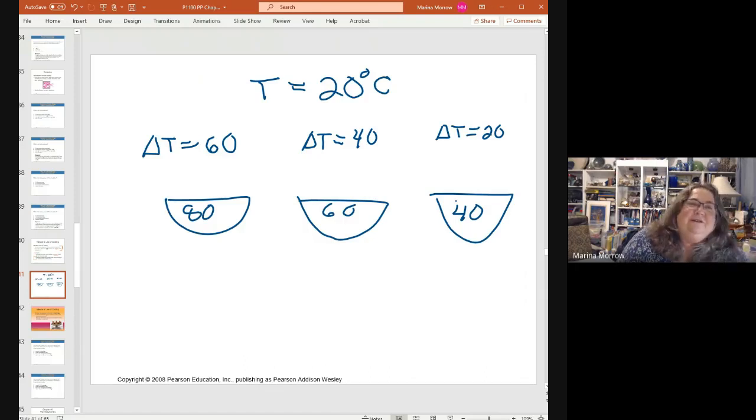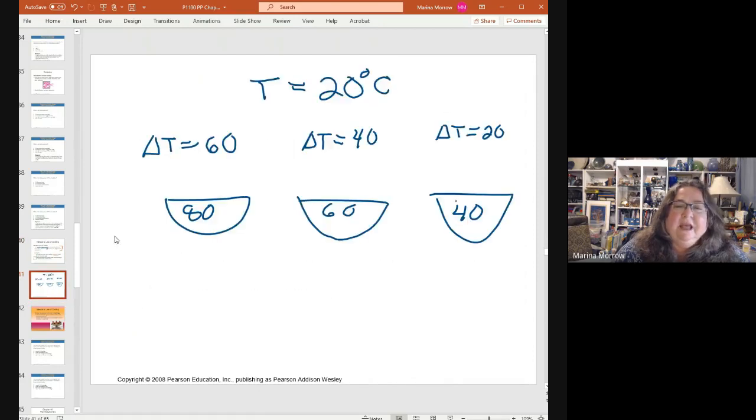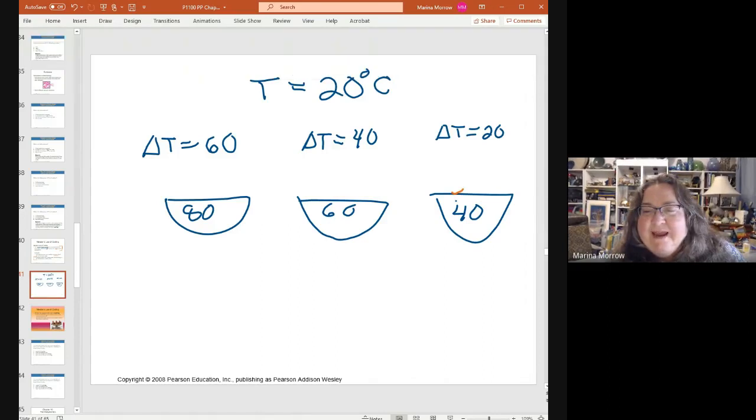Okay, so what was Newton talking about? Let's go back and look at the words again. The rate of cooling of an object is proportional to the temperature difference. So what's the rate of cooling? Let's say that the bowl on the right was radiating 2 joules per second.